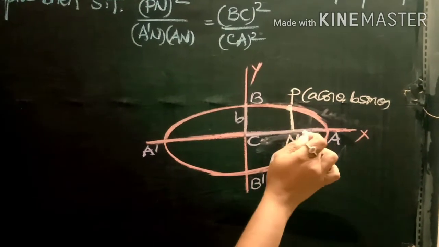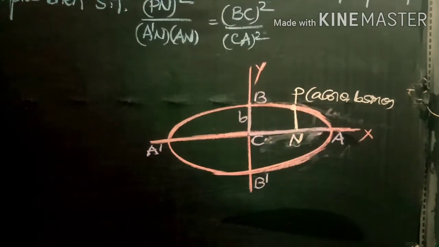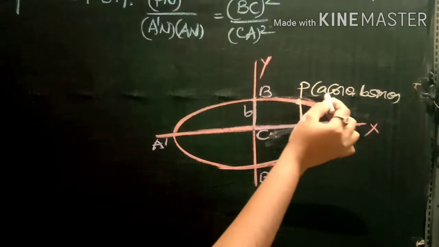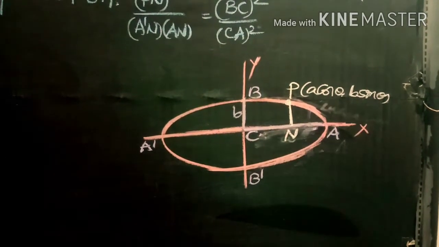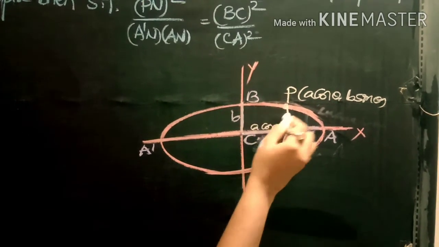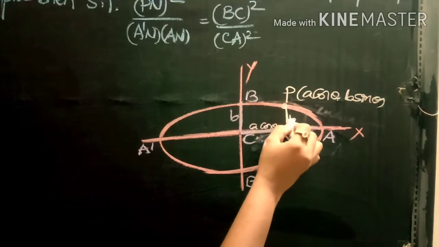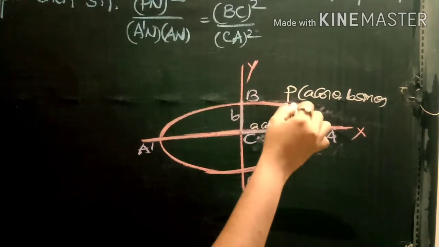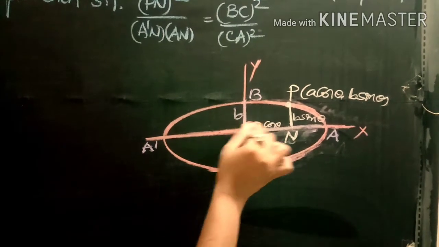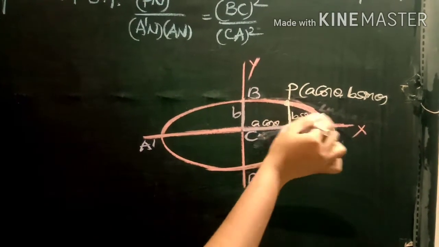So clearly here we have the point a cos theta, b sin theta. Therefore the value of CN is equal to a cos theta and the value of PN is equal to b sin theta. The x-coordinate is CN, a cos theta. The y-coordinate is PN, that is b sin theta.